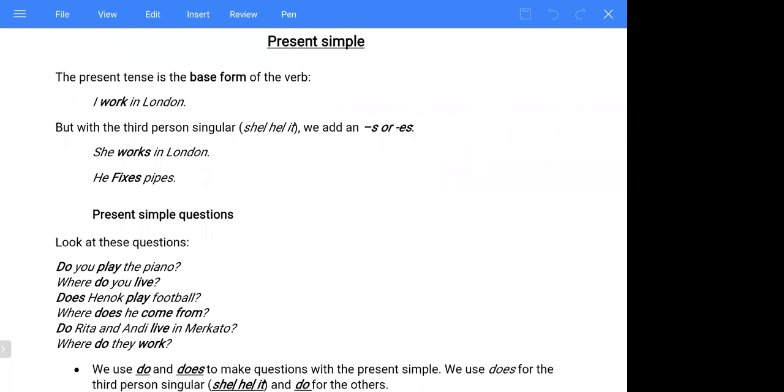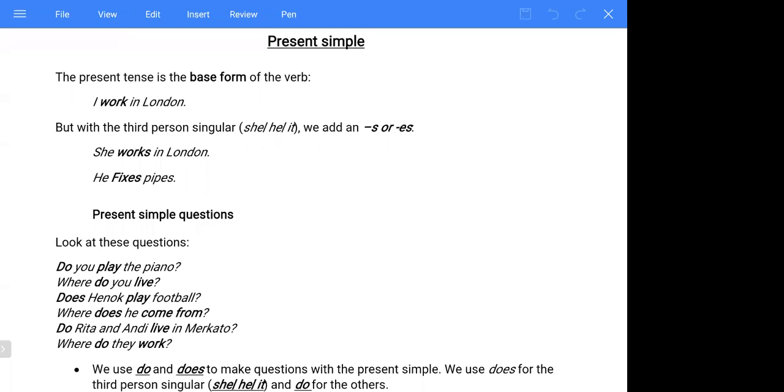So to move on, the present tense, as we said, is the base form, which is the verb 1. But there is a slight difference between using the base form or V1 with different subjects. Third person singular nouns usually have different forms in most cases of tenses. In this case, third person singulars, which are he, she, and it, need to add s or es according to the verb.